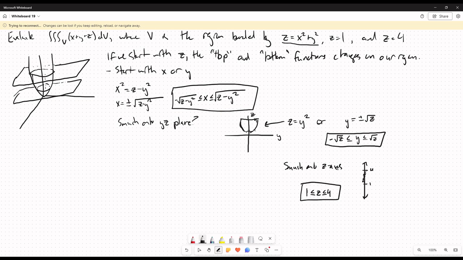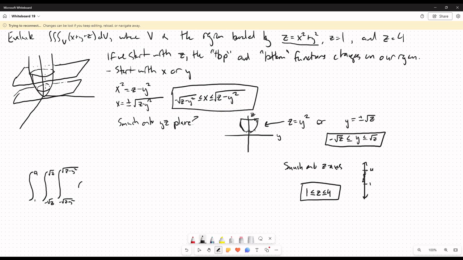So when we go ahead to set up this integral, it's an awful integral. What are you going to get? You're going to get the integral from 1 to 4 with respect to z. Then we're going to have the integral from negative square root of z to positive square root of z. I usually work from the inside out, but I guess I didn't today. Then we're going to have negative square root of z minus y squared to positive square root of z minus y squared.